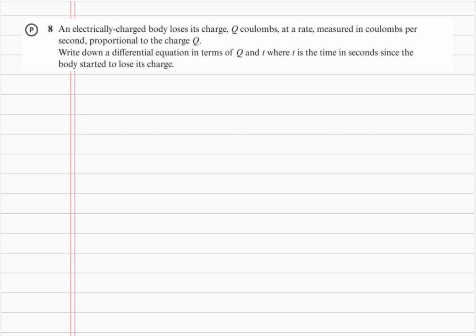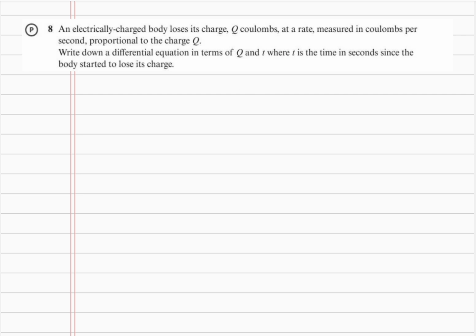So it's another question on forming differential equations. And first of all, as I showed in the previous videos, the first step is identifying what the rate is. In this case, the rate is the rate of charge per second, right?